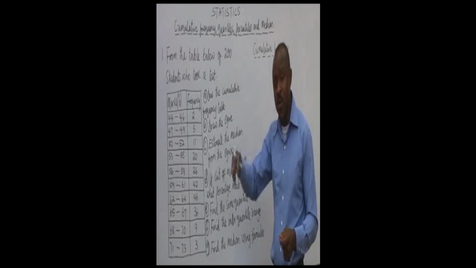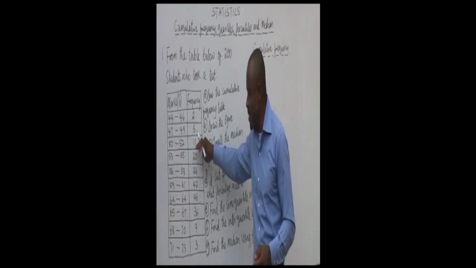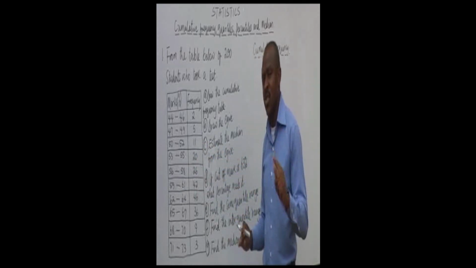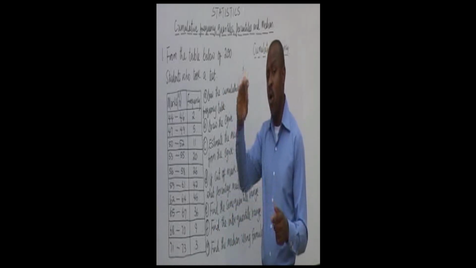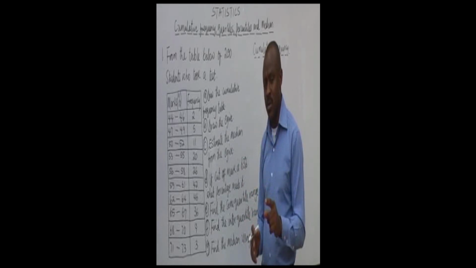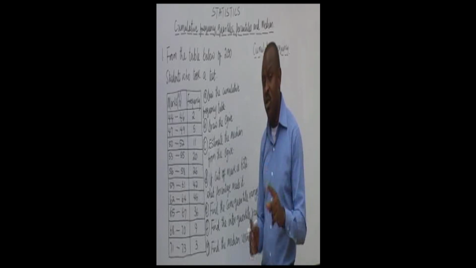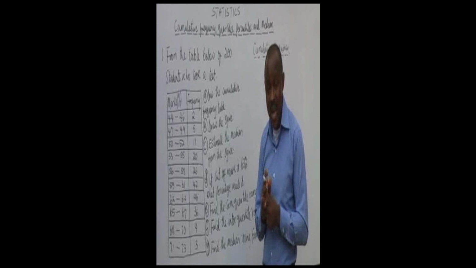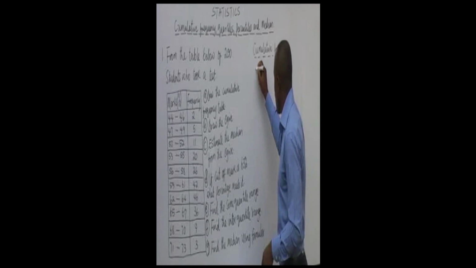Remember when you progressively add the frequencies, at the end of the day, the last sum will give you the sum of the frequencies. That means it is 100% of the frequencies. Now, when you divide that 100% of the cumulative frequencies into 4 equal sections, each section is called a quartile.